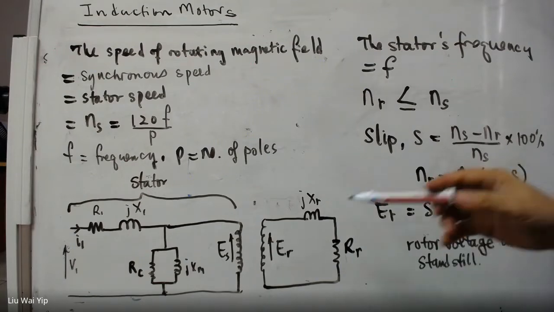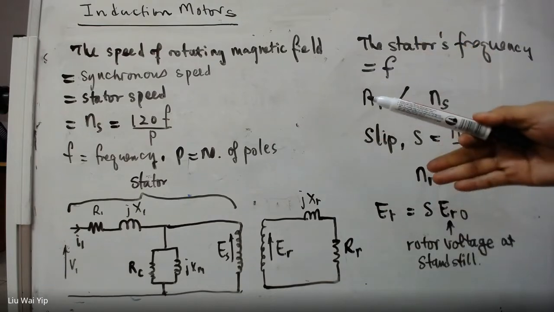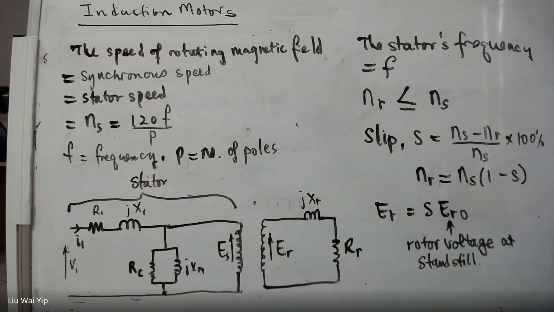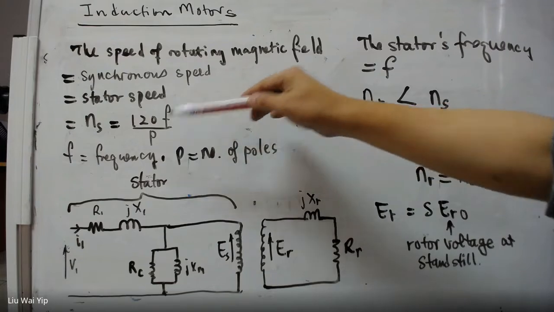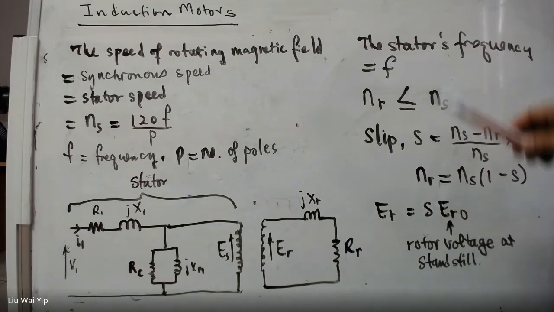And now let's take a look at the rotor circuit. The rotor is rotating, but not as fast as the stator. The stator has a rotating magnetic field, which is running according to this formula. So it's actually a function of the frequency and the number of poles. But the rotor itself is running at a reduced speed, and because of the reduced speed, the rotor's frequency will be different.